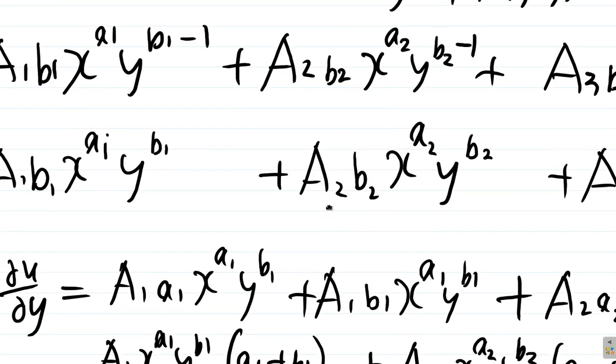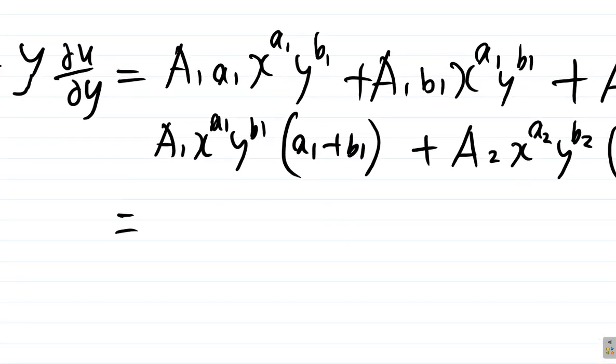So if that is so, then that means a1 plus b1 is n. So you have a1 x to the a1 y to the b1 times n. Alright? Plus, so we have our n there.